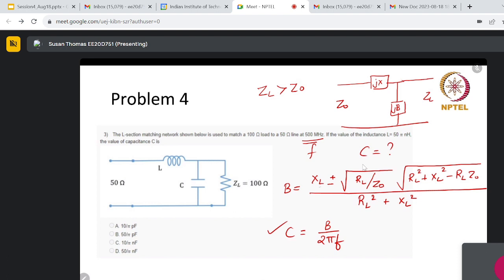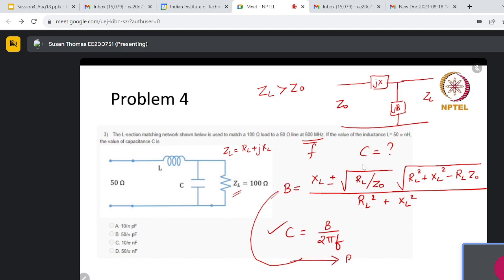So XL and RL, it's clear. It is based on ZL, wherein I can write ZL is nothing but RL plus jXL. So here what is the value of XL? In this problem, XL is 0.